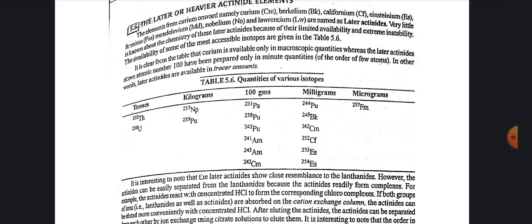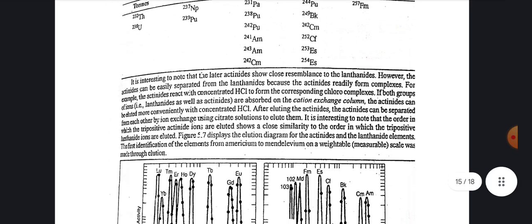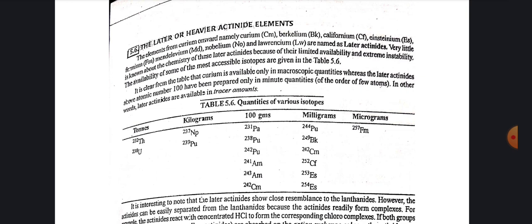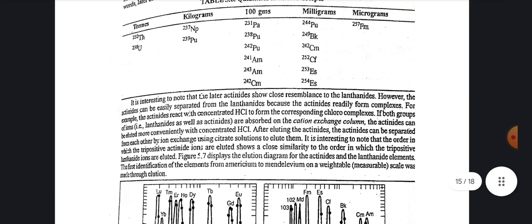The availability of some of the most accessible isotopes is given below. It is clear from the table that curium is available only in microscopic quantities, whereas the later actinides above atomic number 100 can be prepared only in minute quantities. In other words, the actinides are available in trace amounts.